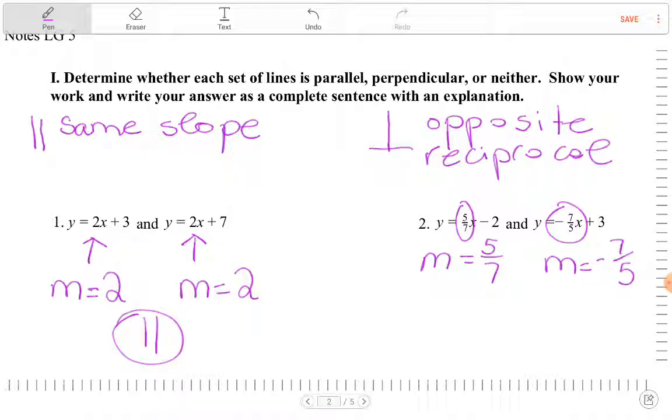I have a positive and I have a negative, and I can see when I flip the 5 and the 7 around, I'm going to get the 7/5. So in this case, we could say, yes, those two lines are opposite reciprocals, and therefore those lines are perpendicular. If I would graph those two lines, they would actually meet in a right angle.